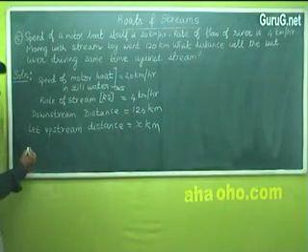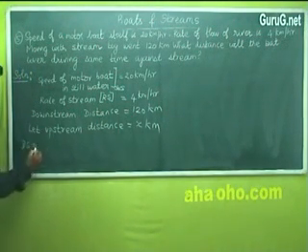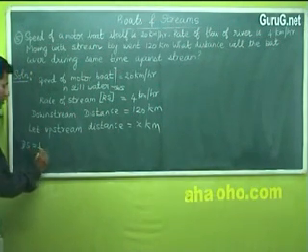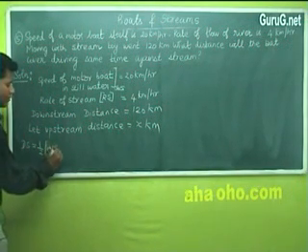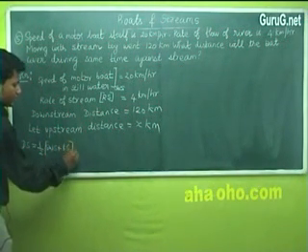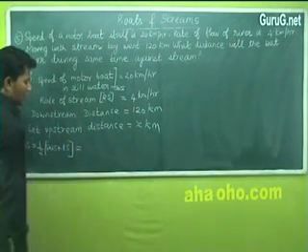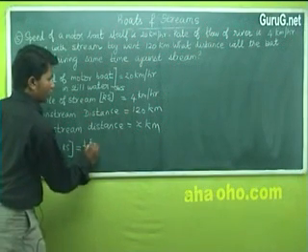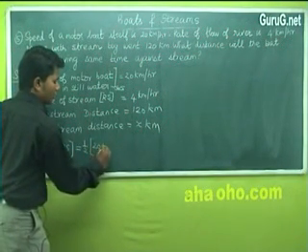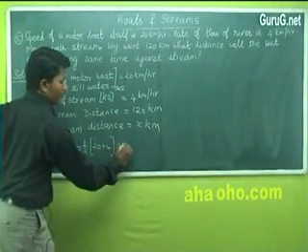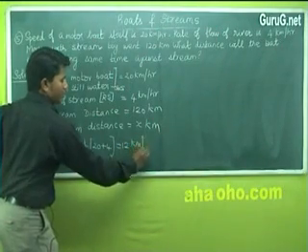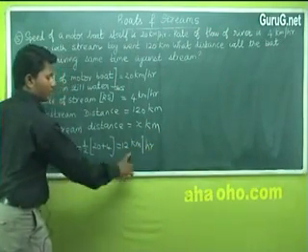You know the formula for finding downstream speed. Downstream speed is equal to half into still water speed plus rate of stream, is equal to half into 20 plus 4, that is 24. So 12 km per hour. So this is your downstream speed.